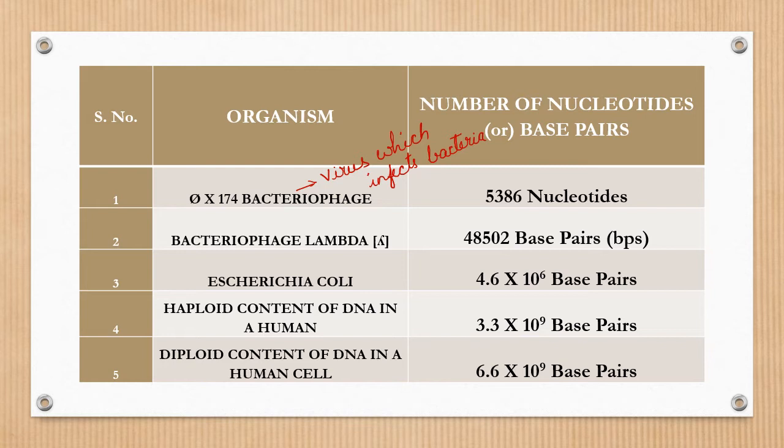So the phi X 174 bacteriophage consists of 5386 nucleotides in its DNA.